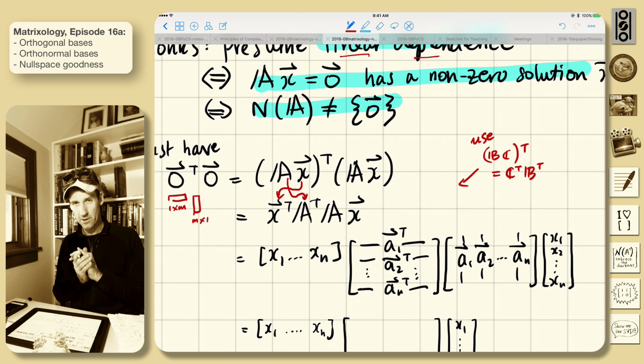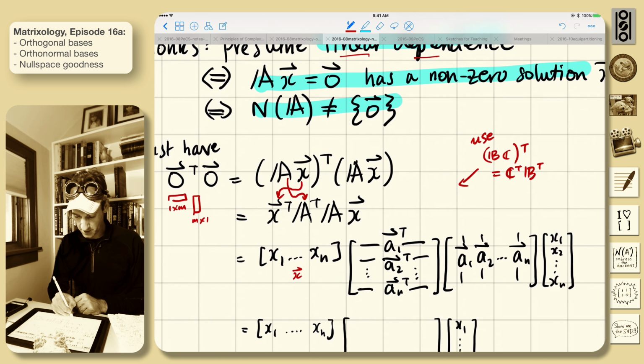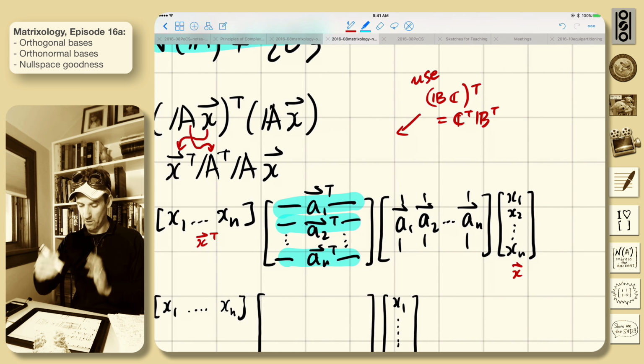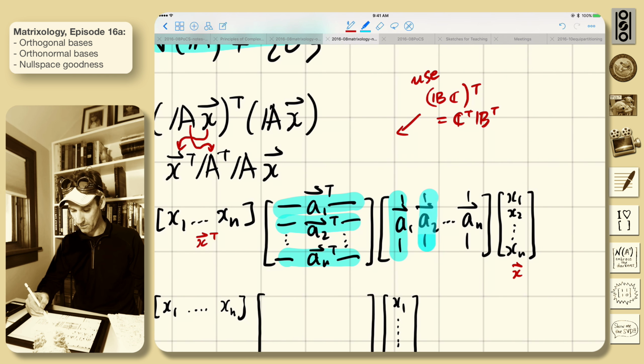So now we have A transpose A in the middle. We've seen this little beast quite a bit. So this is x transpose, A transpose A, and x. Let's look at A transpose A. The columns of A become rows. So it's a1 transpose. Here are the columns.